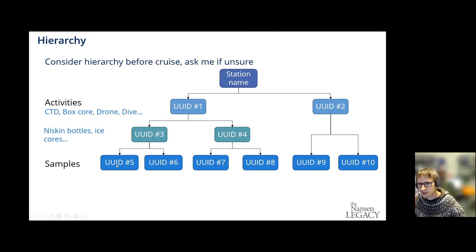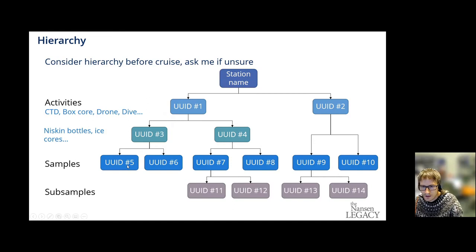It could be whatever else you're working with, the chlorophyll samples from a previous stage. And then you might have some subsamples below this, and this can go as far down as you need to go. So in each case, you take a UUID of your sample, and you also take the UUID of the parent and log that as your parent ID.